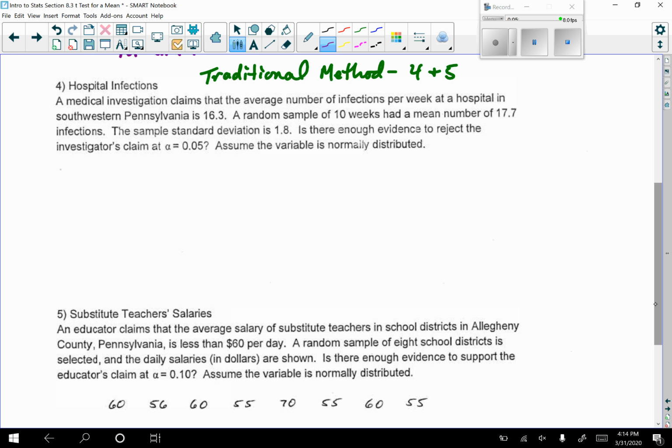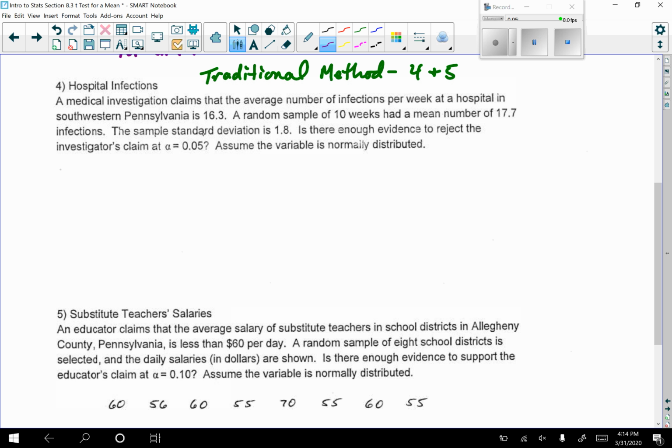All right, so looking at this, notice the question here, is there enough evidence to reject the investigator's claim? So the word reject is a big clue. We only use reject when we're dealing with the null hypothesis. So that means the claim is going to be the null hypothesis. Notice there's no other mention of something being greater than or less than. So the researcher is claiming that mu is going to equal, in this case, the 16.3.